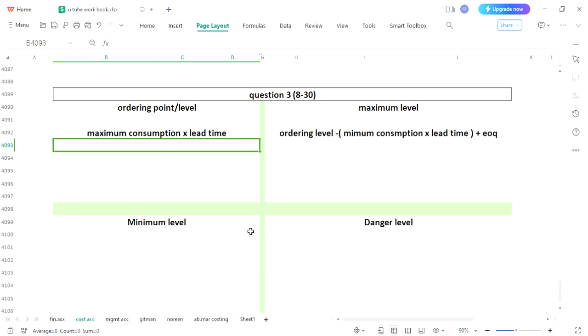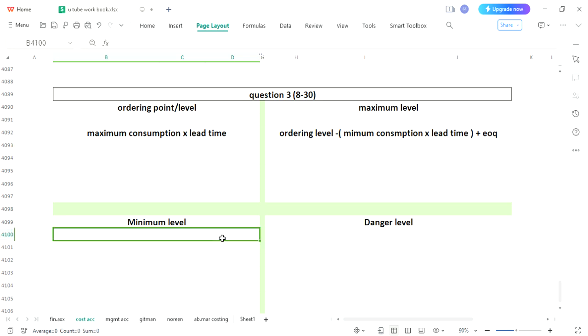And then we have our minimum level, where again we need the ordering level, which we calculated at the first stage, and you need to subtract your average requirement multiplied with your lead time.